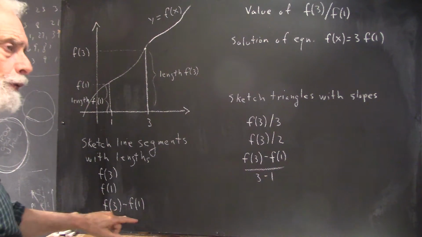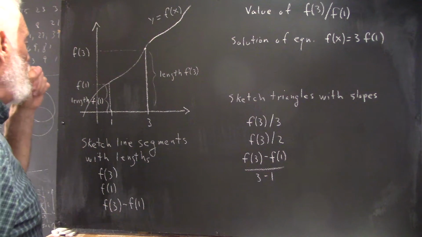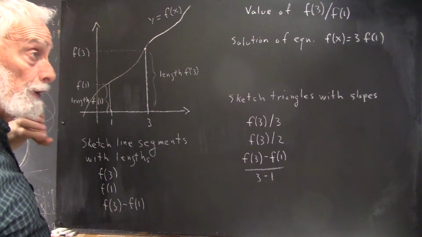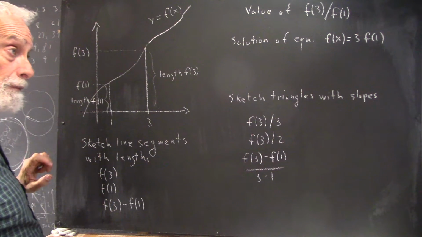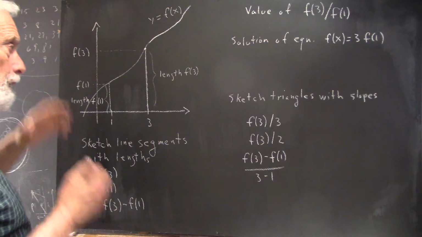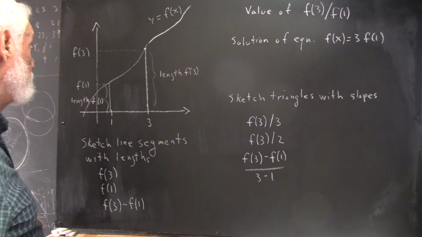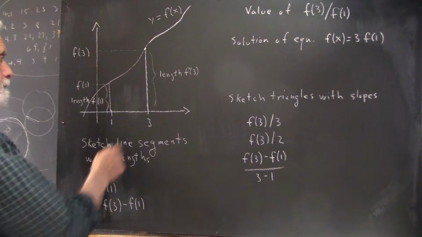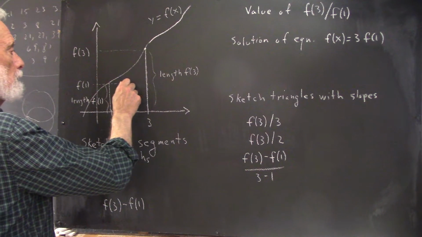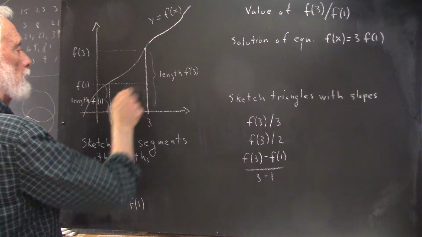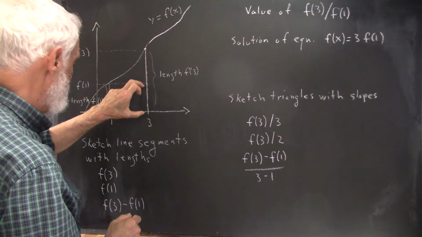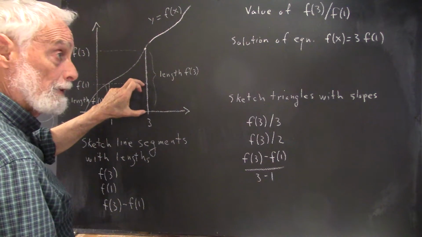But how do you do f of 3 minus f of 1? Well, f of 3 is the length of this thing, f of 1 is the length of this thing. How would you get the length of this minus the length of this? You could project over here. So here's the length f of 1. This length is f of 1.